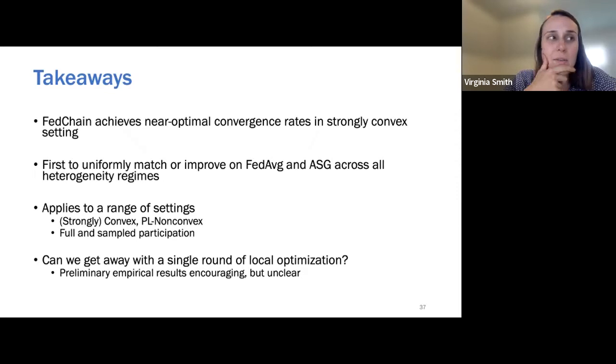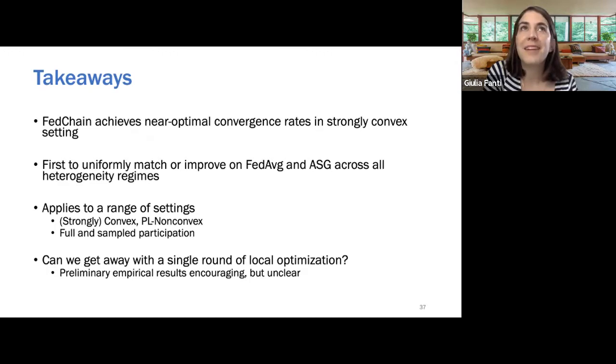Do you think that's unique to that particular data set in the non-convex setting, or a common trend amongst the non-convex objectives you've looked at? I'm curious if it's more a function of the objective you're solving or the underlying heterogeneity of the data set. Yeah, that's a great question.